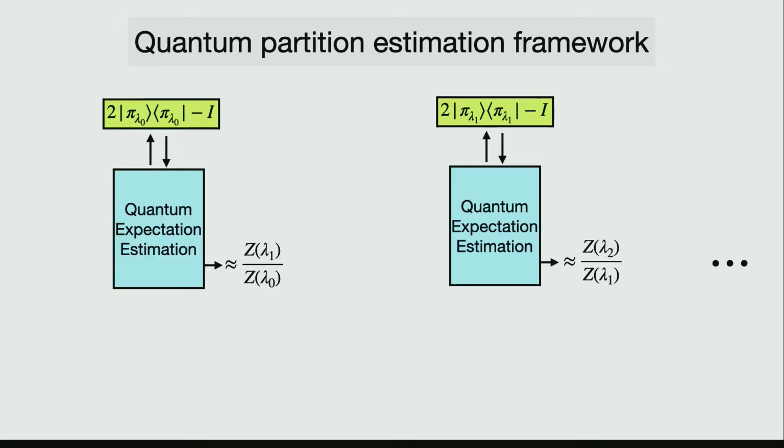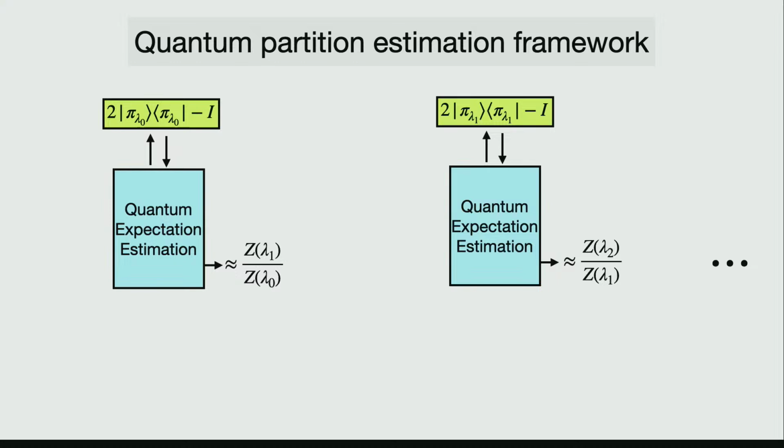Okay, so a first attempt would be to do the following thing. Let's try to do the same as what we did in the classical MCMC method, meaning what we could try to do is to estimate each ratio separately in order to compute the telescoping product. And we could try to do that by just using the ability to reflect through the quantum Gibbs state. And the goal would be to come up with a quantum expectation estimation task that can do that efficiently.